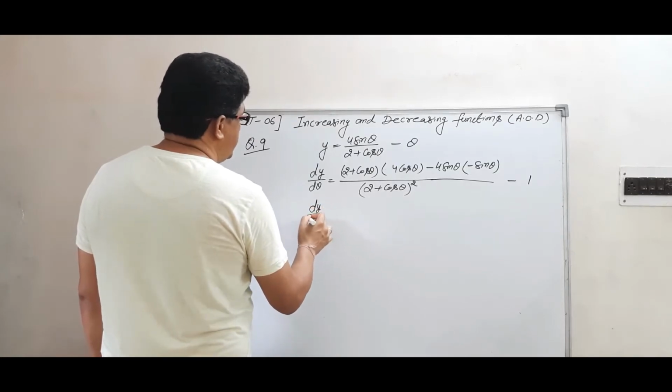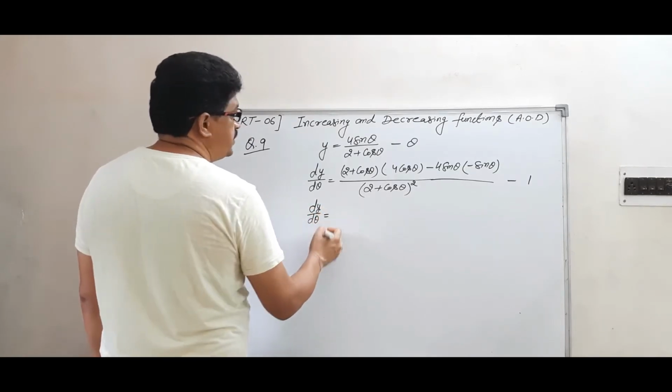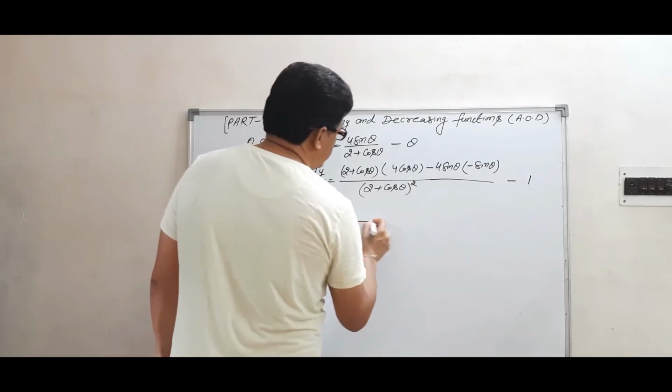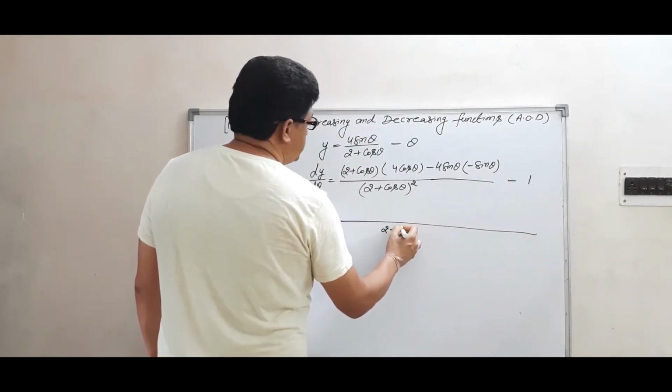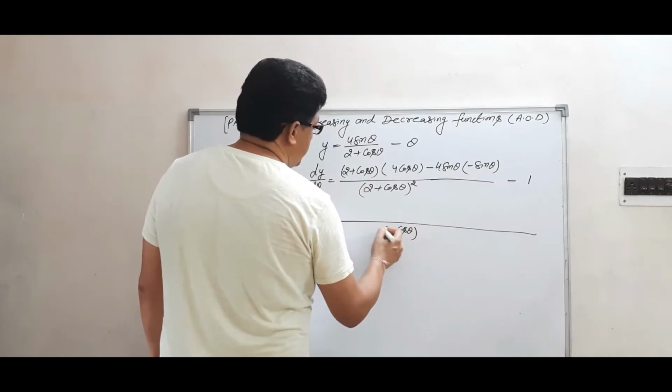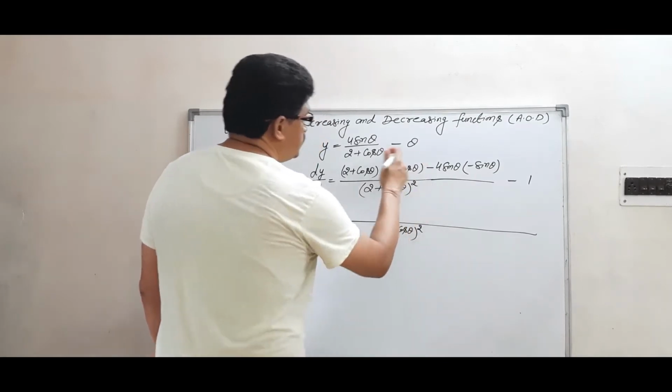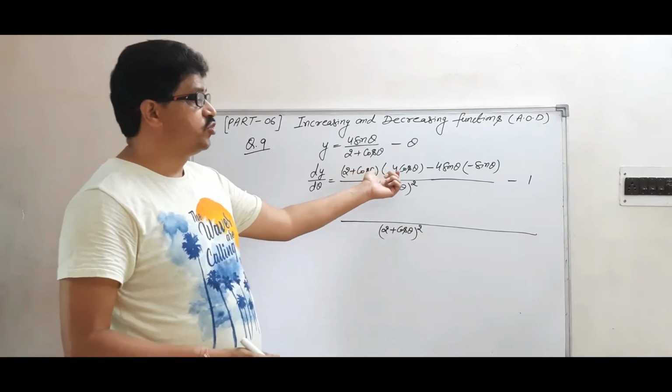dy by d theta is equal to, upon 2 plus cos theta whole square. So here we applied the quotient rule.